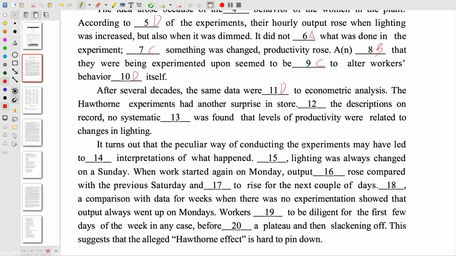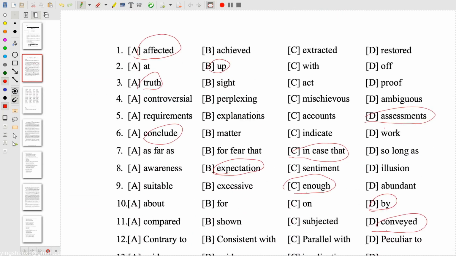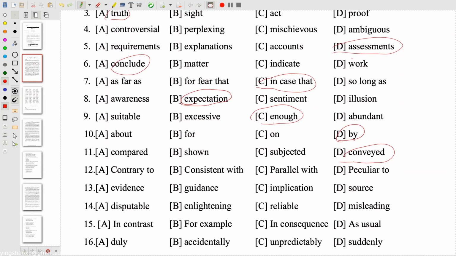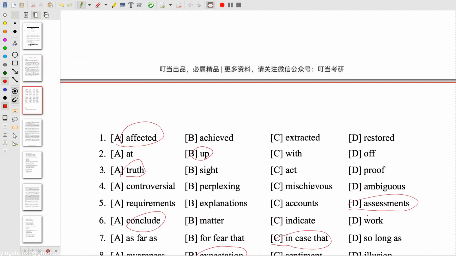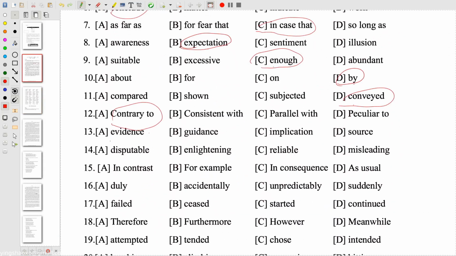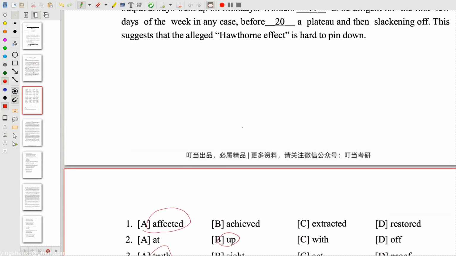That was strange. I couldn't actually find a clue about what kind of word should be put into those blanks. I don't know. I think the 20 should be contrary, so I choose A. No systematic evidence, so I choose A.